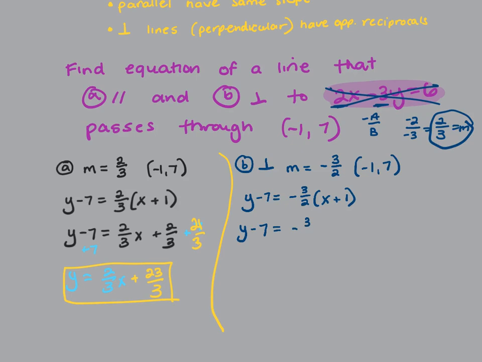Distribute your -3/2. And then add 7. Seven over 1 becomes 14 over 2. And I get negative 3 plus 14, which is 11 over 2.